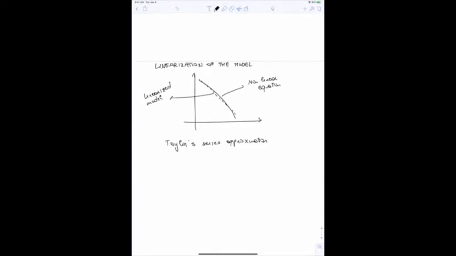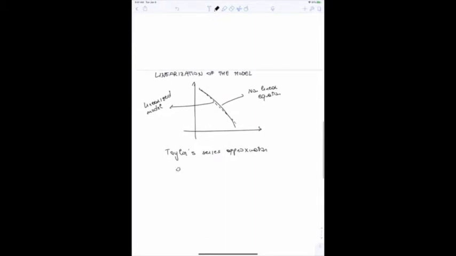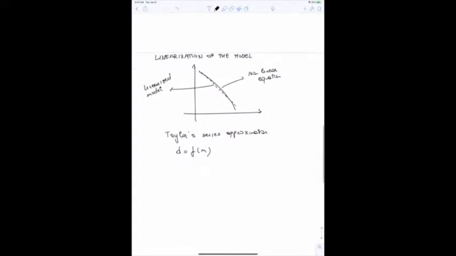So let's forget for a second about the error. We're going to add it back later on. But we have d equal f of m. What we can do is approximate d. Well, we can put the error too. It doesn't really hurt. We can approximate d using, so we take a point m0, which belongs to the domain of m.